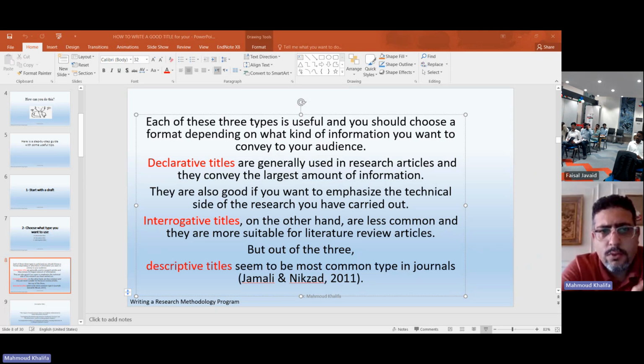So first, follow the guidelines of the publication manual. The manual recommends simplicity and the use of concise statements when formulating your title. Moreover, words that carry little or no meaning should be avoided.